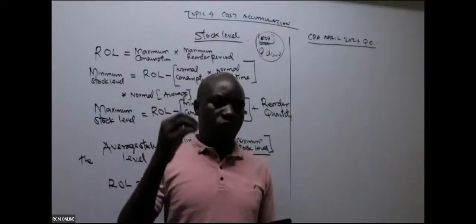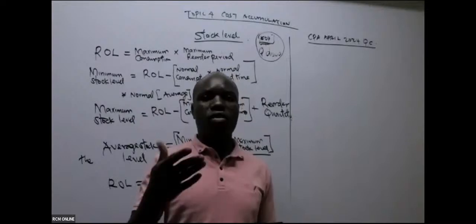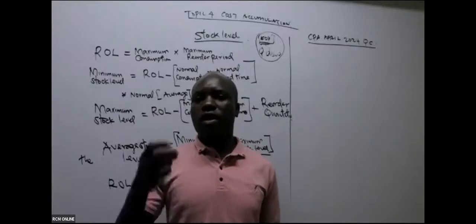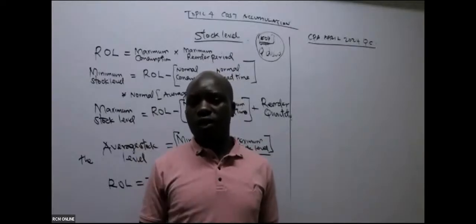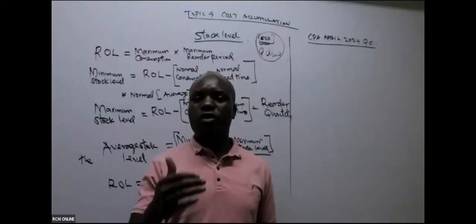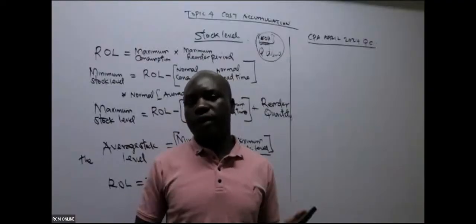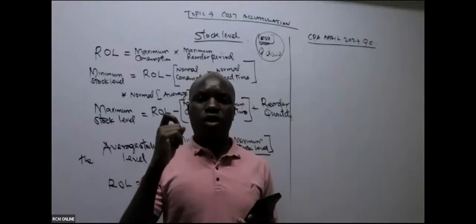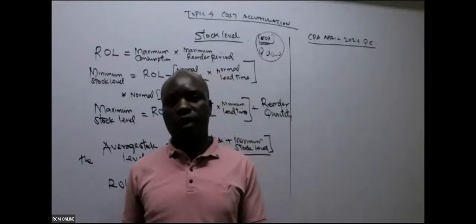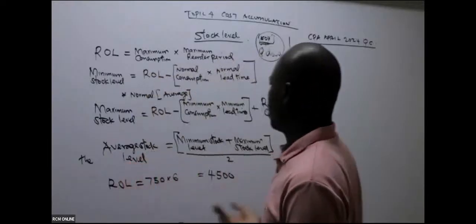Management of inventory here involves some costs: the holding cost that we talked about, the carrying cost, the ordering cost, and the purchase price. So which option will enable this particular company to minimize the cost incurred to deal with this particular stock or inventory? That's what you want to see.